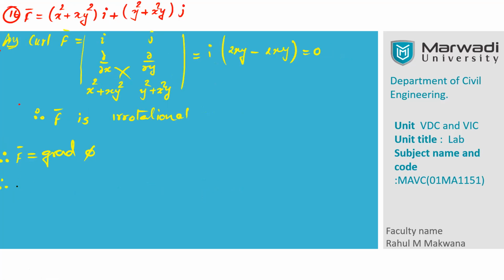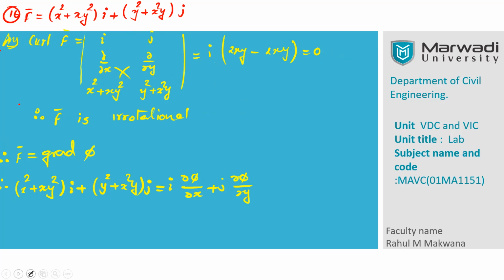The function is x square plus xy square i, y square plus x square y j. So i del phi by del x plus j del phi by del y. As the left side doesn't contain k, I'm not writing the third term.